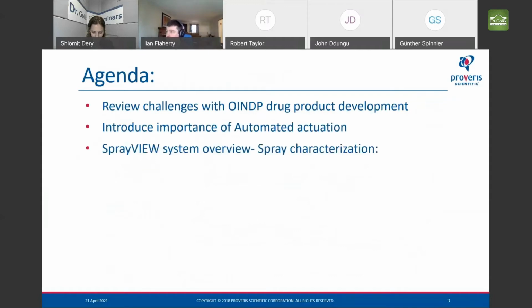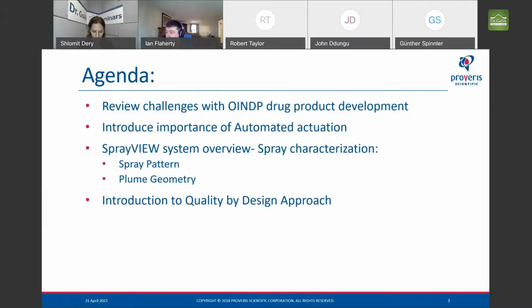So today we're going to review some of the challenges with OINDP product development, particularly with developing generic products. We'll introduce automated actuation, which is the foundation that our instruments are built on. We'll talk about how the SprayVIEW system works, and touch on the basics of spray pattern and plume geometry.